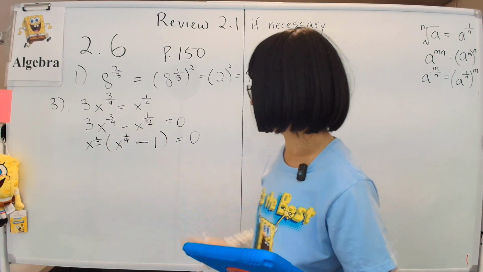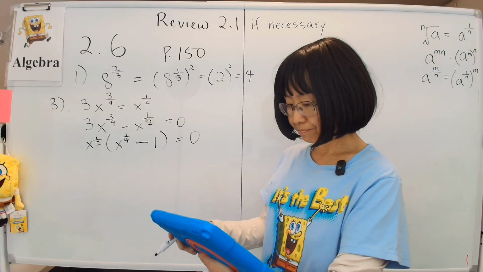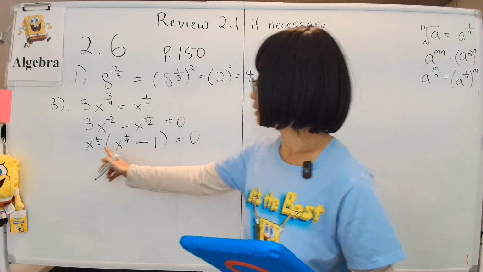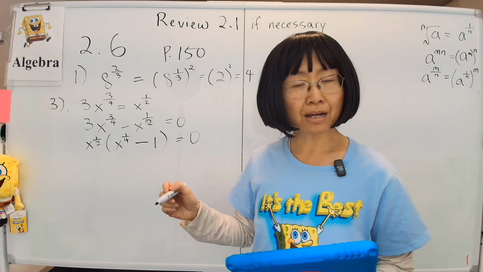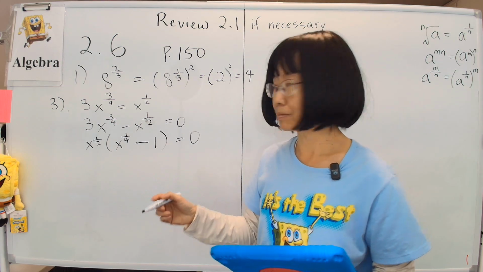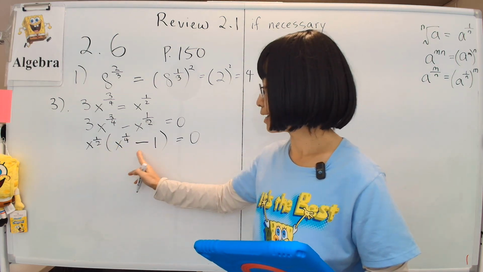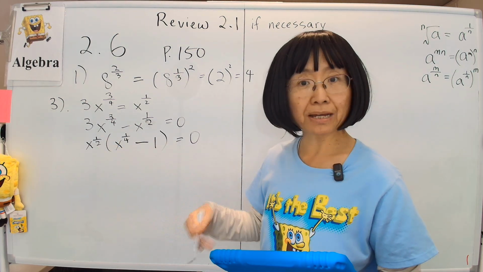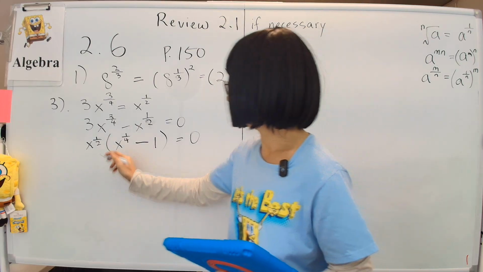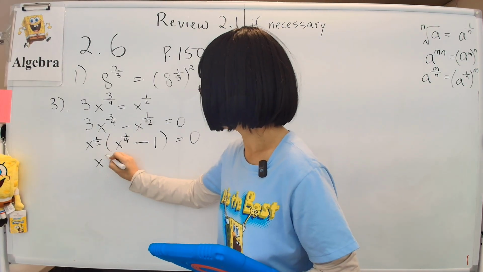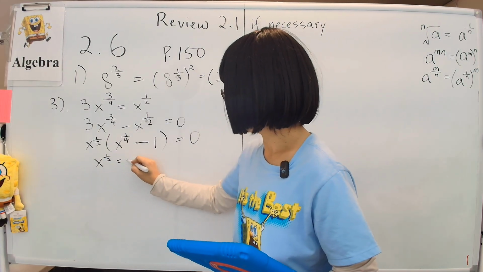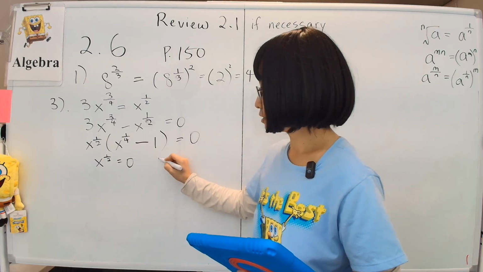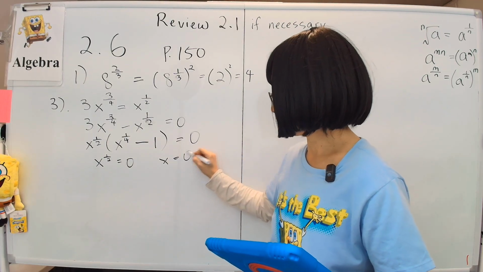Now that we have this, now what? Now we have the zero multiplication property. That is, if two things multiply to equal 0, one of them had better be 0. So we'll take turns. First we have x to the power 1/2 equal to 0. That's the first solution, which just means x equals 0.